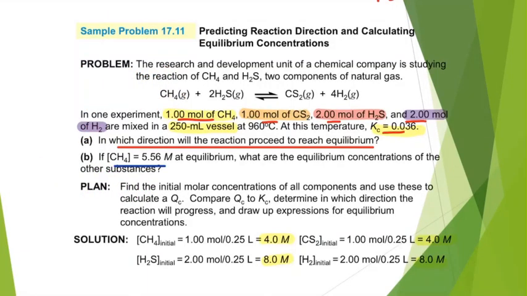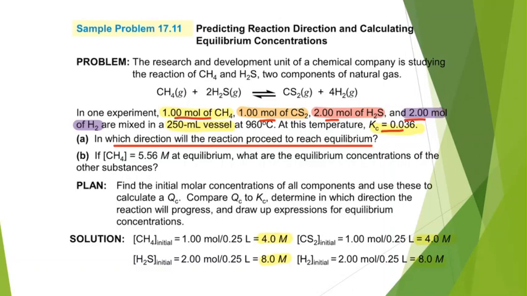When the QC value is greater than KC, it means that at this moment our products, which are CS2 and H2, become a reactant and are producing CH4 and H2S. So CH4 and H2S become product at this moment.